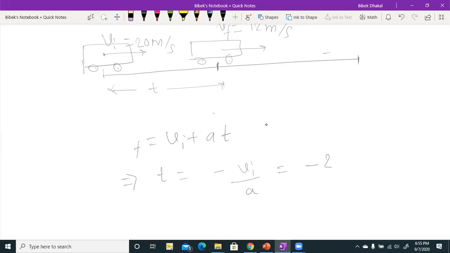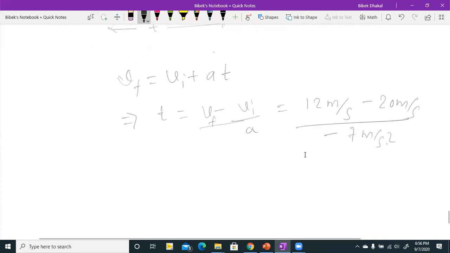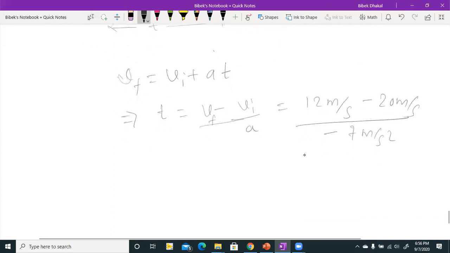So let me just erase that. And that gives you final velocity minus the initial velocity divided by the acceleration. So your final is 12 meters per second minus the 20 meters per second velocity divided by the negative 7 meters per second squared. So 12 minus 20 is minus 8, over minus 7 is just 8 over 7.